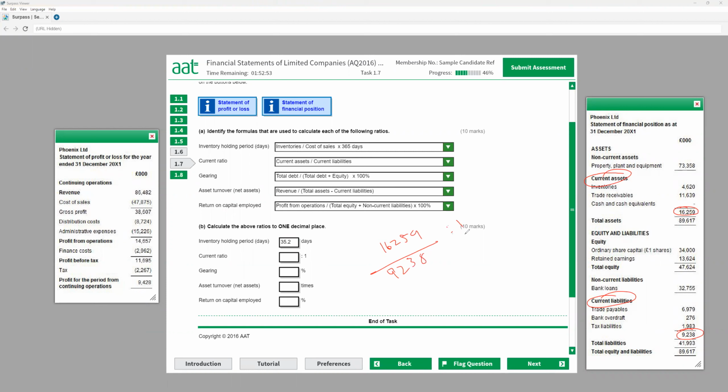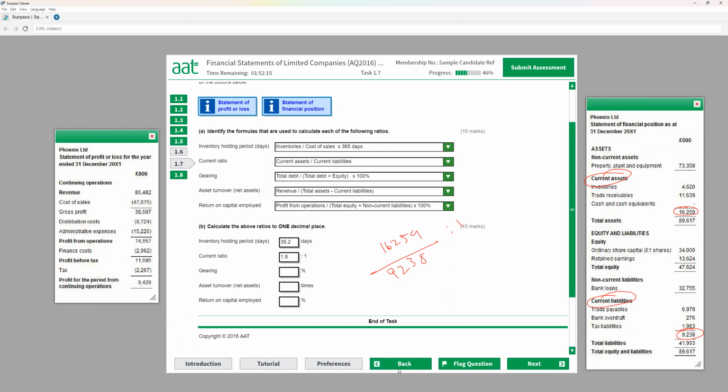So let's do that. 16,259 divide 9238. So this is 1.76. So you can say 1.8. So 1.8 is to 1.